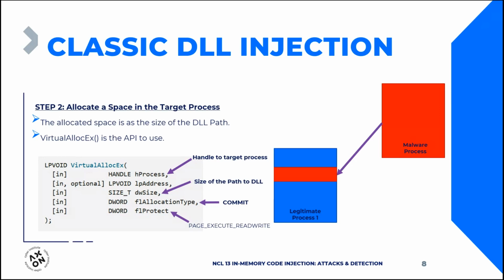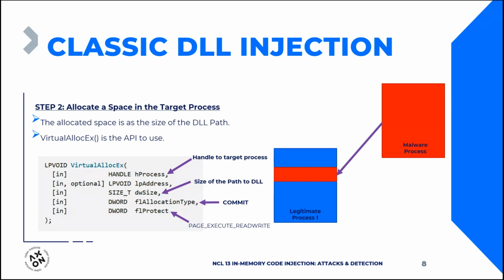And we need the execute permission because ultimately we would like to execute that code. So execute and write are the two essential permissions for code injection. If you have write but no execute, ultimately your code will be written but not executed. And if you have execute but there is no write permission, you cannot actually inject your code.